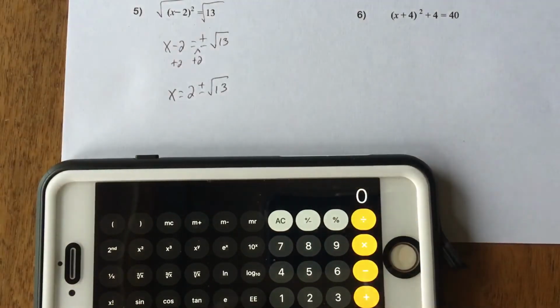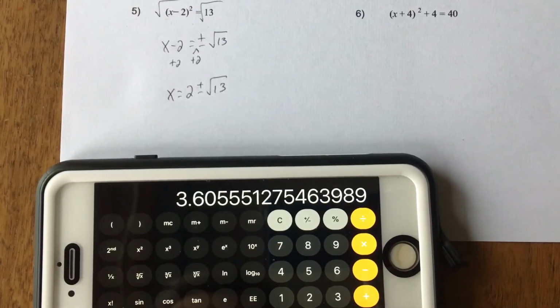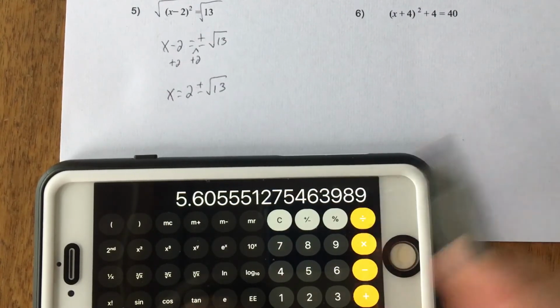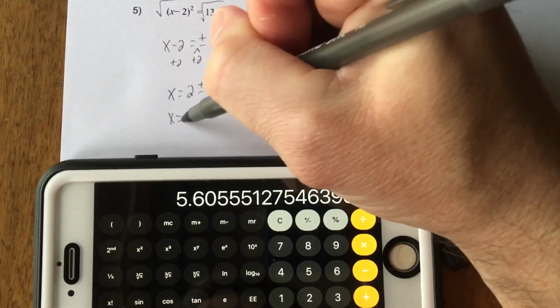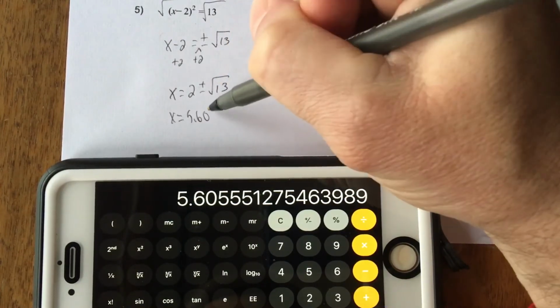So that answer works, and maybe is the answer you'd have to pick. Or maybe what we want to do is go 2 plus the square root of 13 on the calculator and hit equals. So I get x equals 5.60, and I'll round that up to a 6.